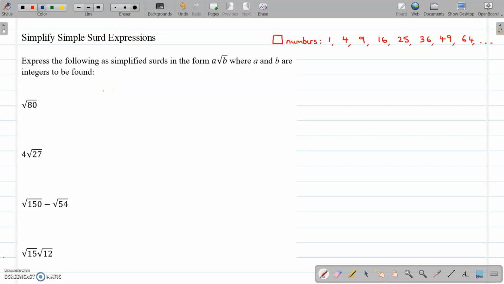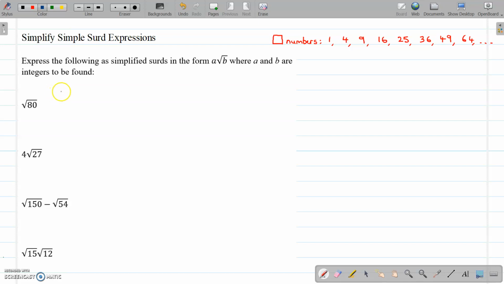We're going to start by exploring the possible ways we could write root 80, for example. The first thing you can do is split the 80 up into any pair of factors, like 8 and 10. So you could write root 80 as root 8 times root 10, or as root 40 times root 2.